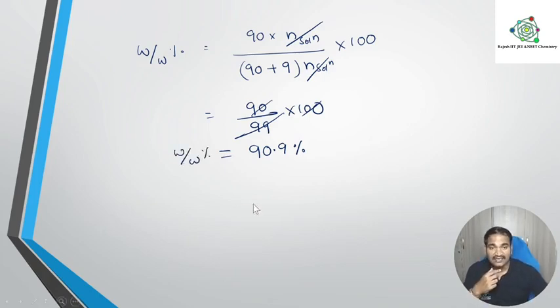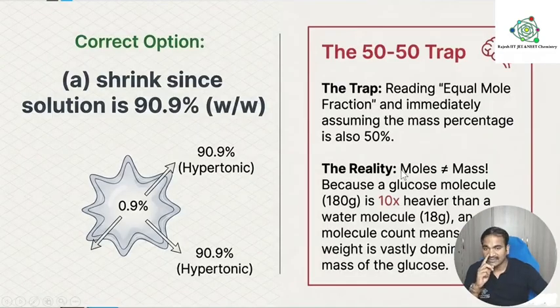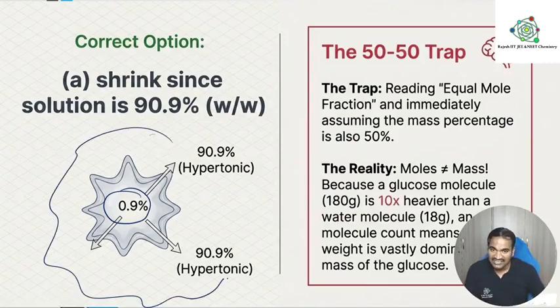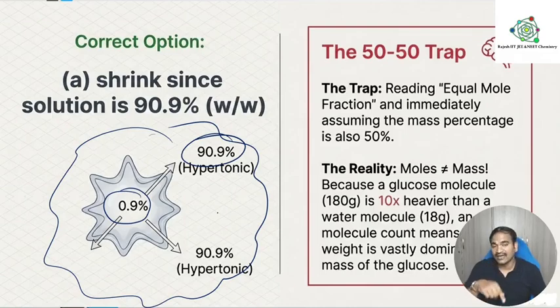Here the important role we have to understand. Imagine this is one cell. Inside the cell the concentration is 0.9%, a very low concentration, and it is placed in a solution where the concentration is 90.9%.